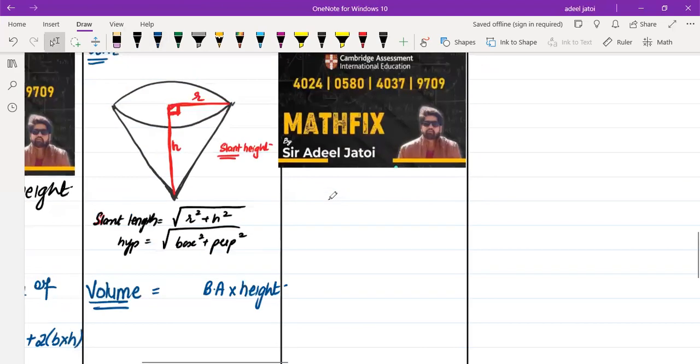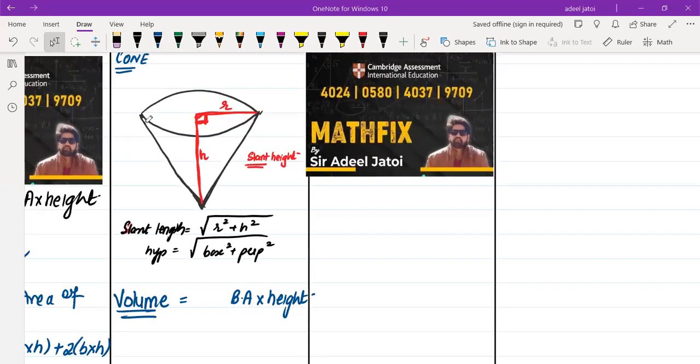But now what you need to understand is that this particular cone, if I draw it like this, you see that this creates a cylinder, and your cone is basically 1/3 of the cylinder.